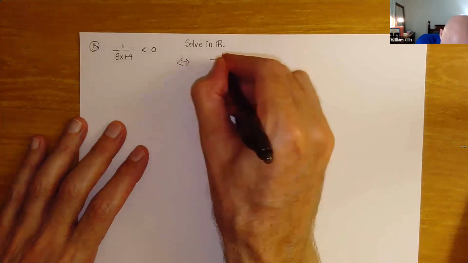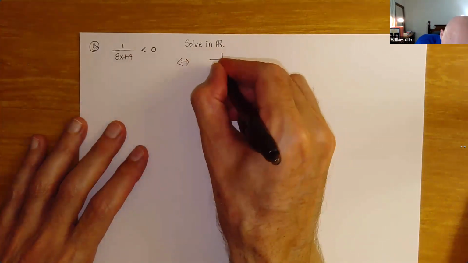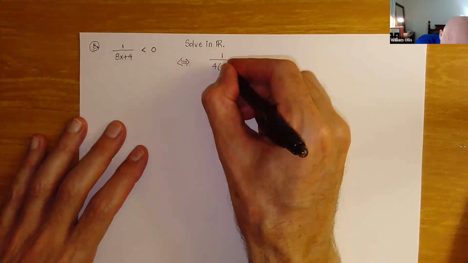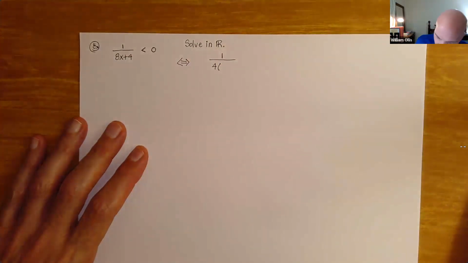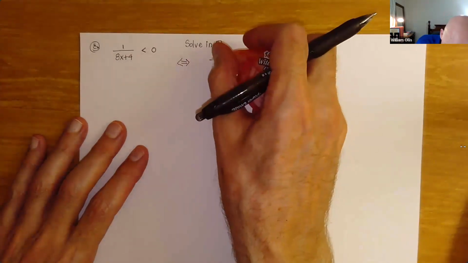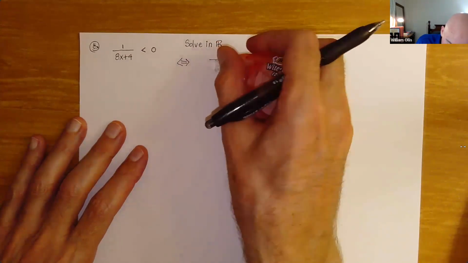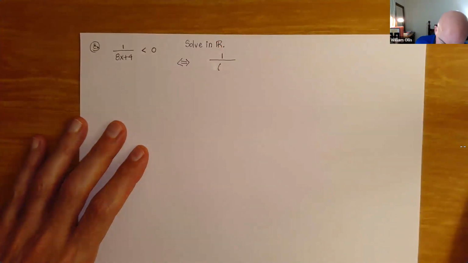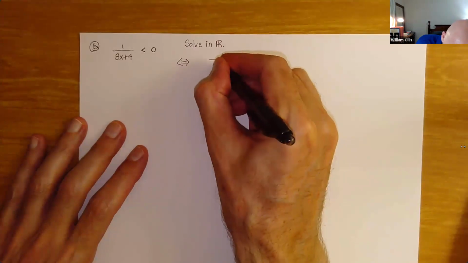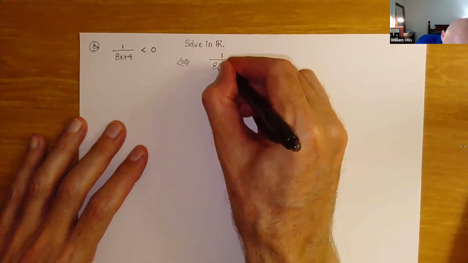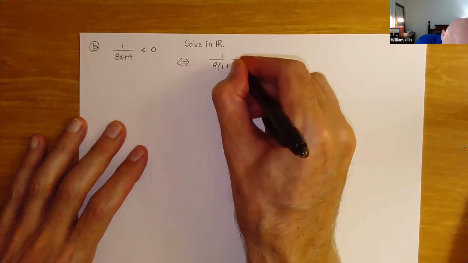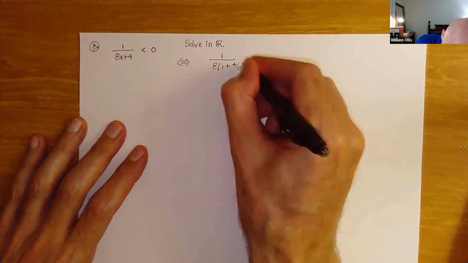But before we do that, let's go ahead and do what we did before and get rid of some of the baggage. So we can factor the 4, or let's be even more bold here and factor the 8. That'll give us a 1 plus 4 over 8. Won't skip any steps here.